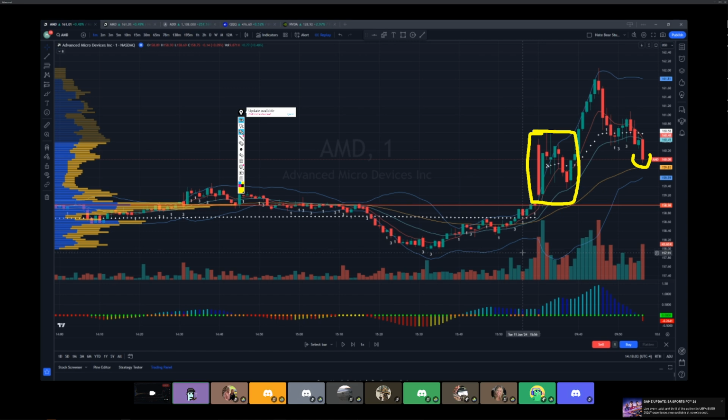So the odds of bouncing in this area off of this point of control from 9:30 to 9:40 are pretty high. What we don't know is, are we going to get a push back up above the consolidation that just happened a few minutes ago, or is that going to reject?